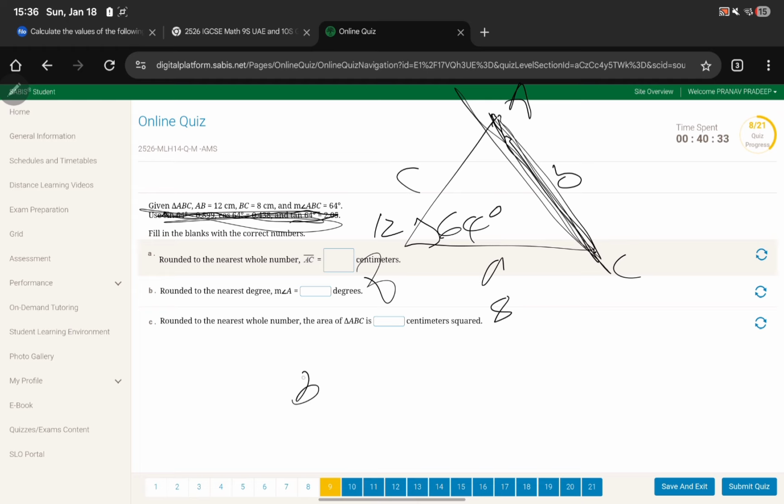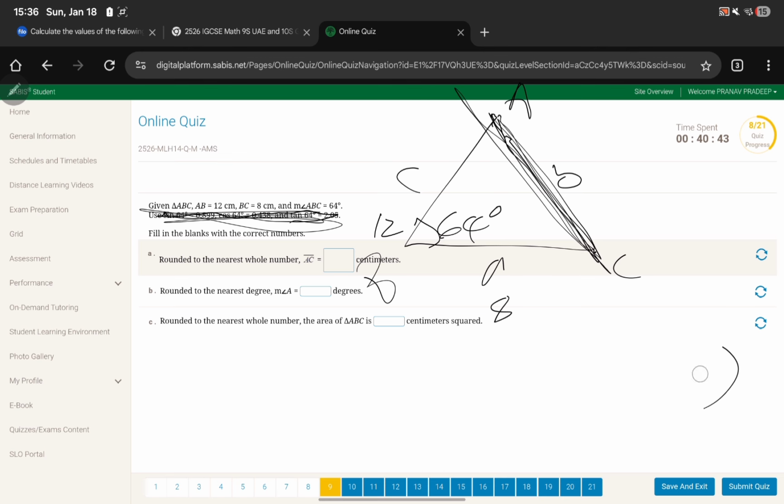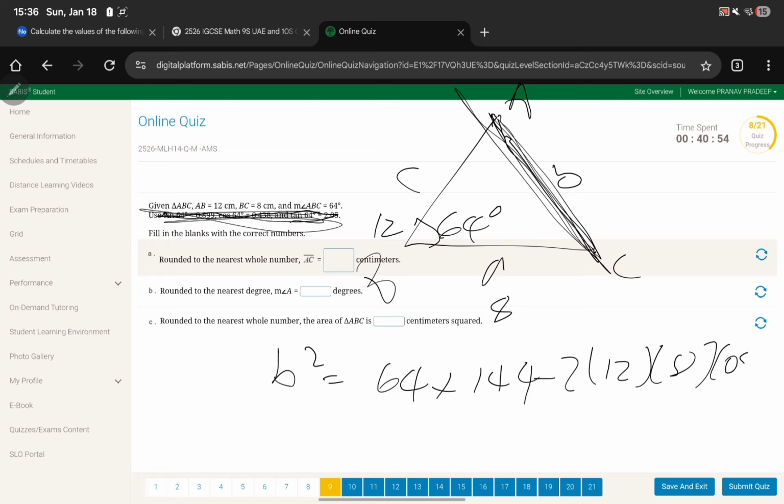So let's take this as b squared equals a squared plus c squared minus 2ac cos B, right? B squared equals 64 plus 144 minus 2 times 12 times 8 times cos 64, okay?